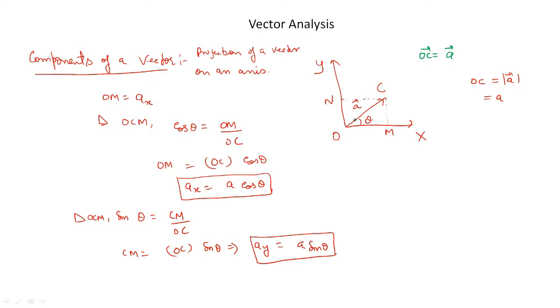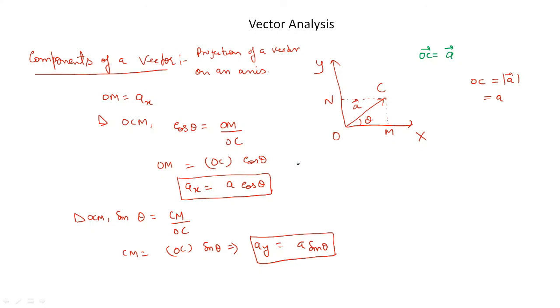If you find cos theta here, then it will be equal to OM upon OC. So OM will be equal to OC cos theta. OM, in terms of magnitude, is equal to AX. OC in terms of magnitude will be represented as A. So AX is equal to A cos theta.